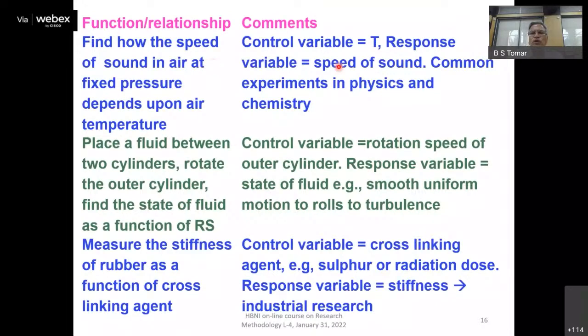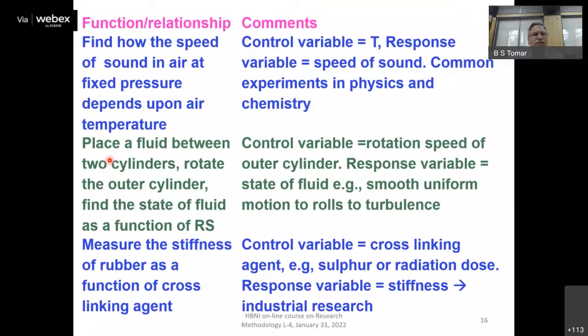The response variable is speed of sound. You will have a large number of experiments of this type in physics and chemistry. For example, pH depends upon temperature, so you have temperature varying and determine the pH of a solution. Like that, you have innumerable situations where you are studying cause and effect, and you arrive at a relationship between the independent and the dependent variable.